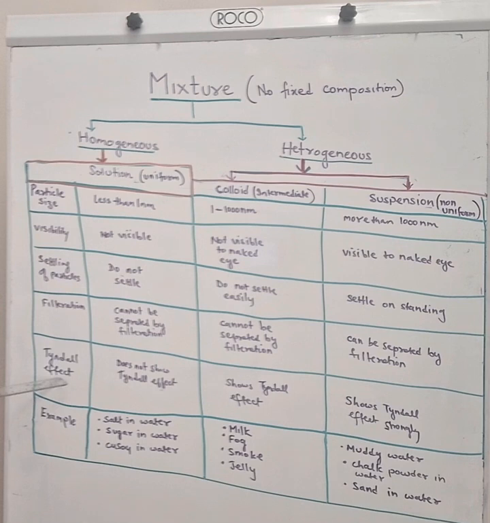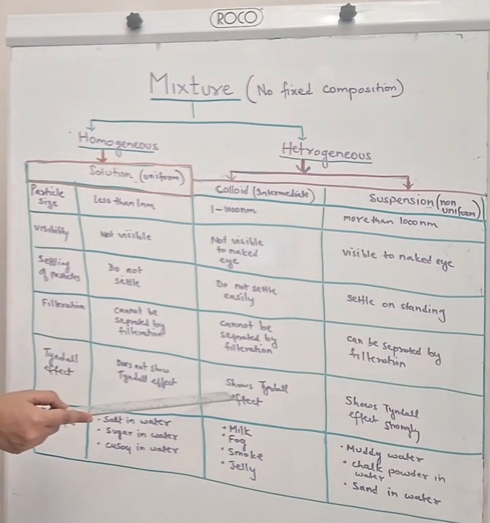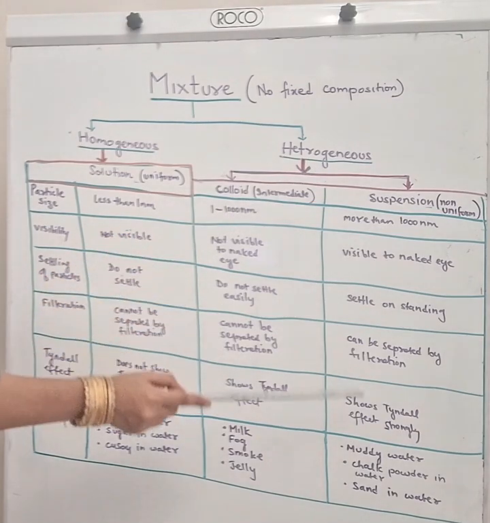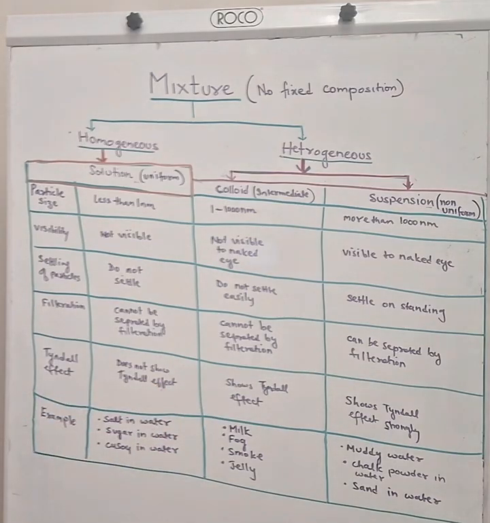Coming to the Tyndall effect. Now what is the Tyndall effect? The Tyndall effect is the scattering of a beam of light. A solution does not show the Tyndall effect. A colloid shows the Tyndall effect slightly, and a suspension shows the Tyndall effect strongly. This scattering depends upon the particle size.